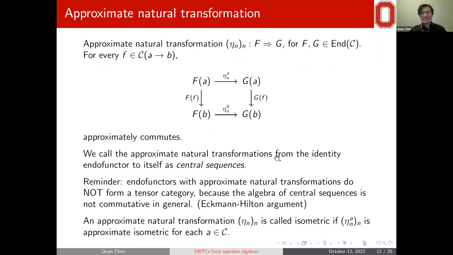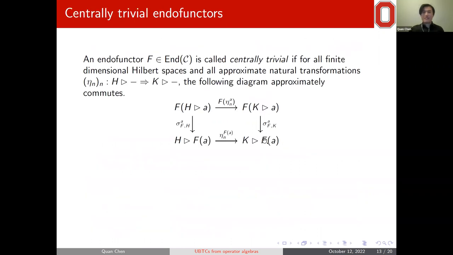Now I'm going to construct two subcategories of N(C) with a centralizer construction. The first category is called centrally trivial. An endofunctor is called centrally trivial if for all finite dimensional Hilbert spaces H and K and approximate natural transformation eta n from H action to K action, the following diagram approximately commutes. So H action is actually an endofunctor, right?